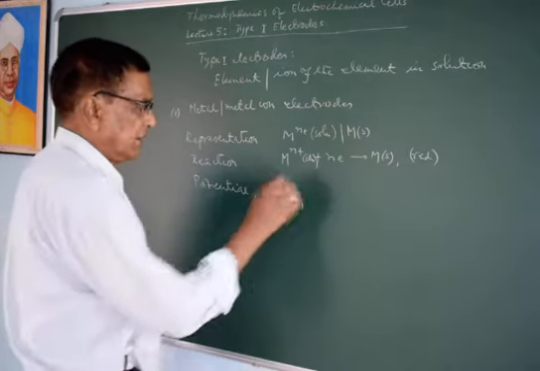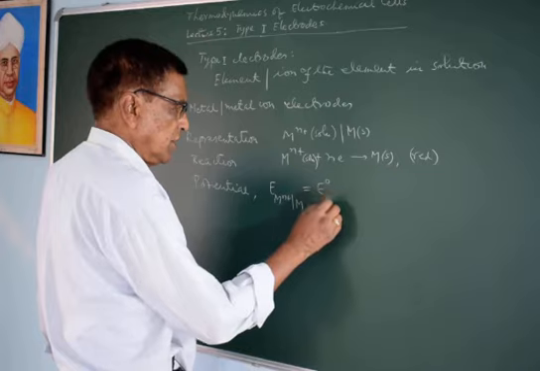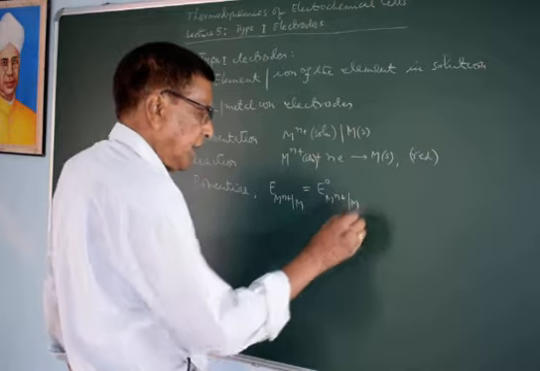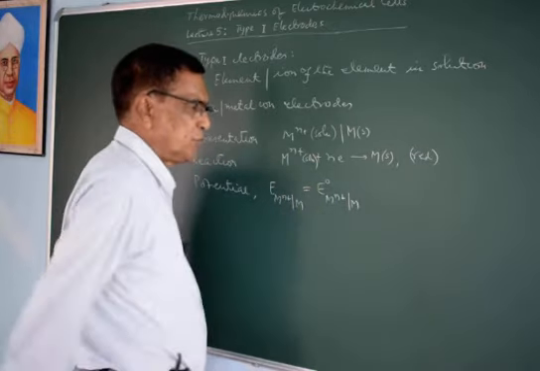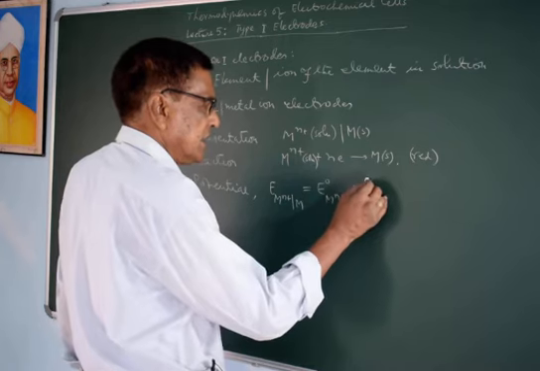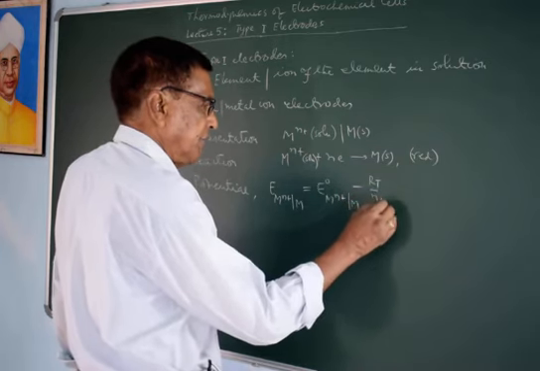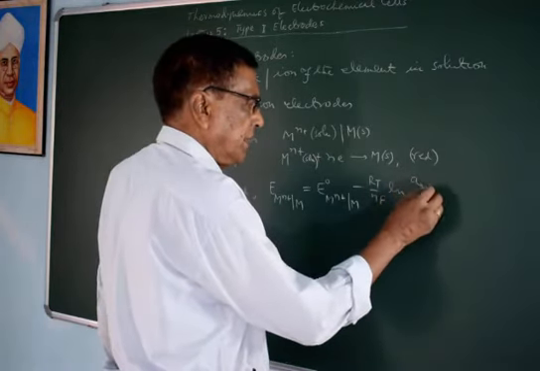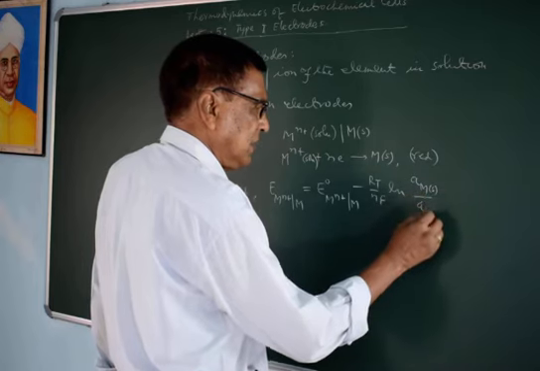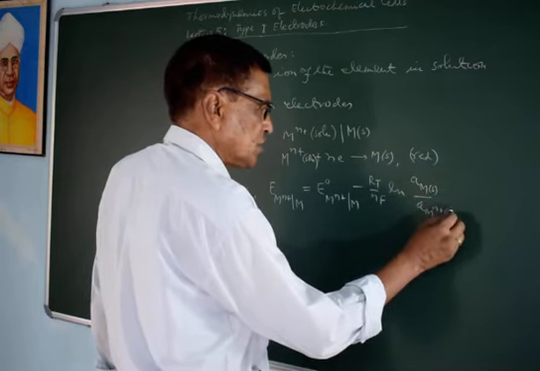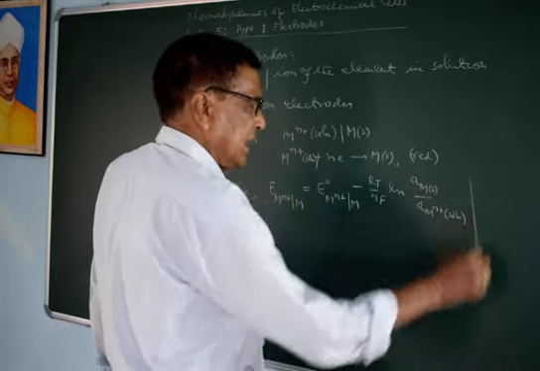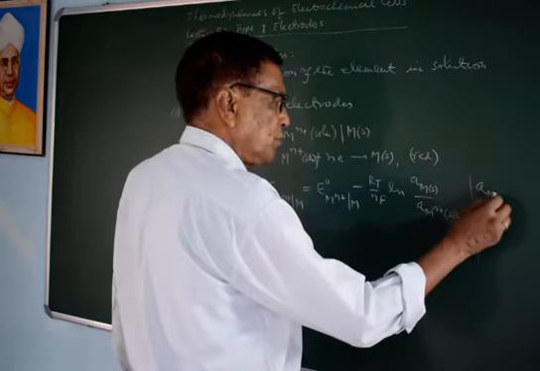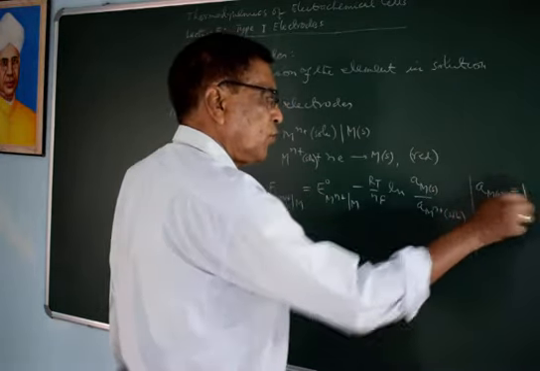Reduction potential I can write as E of M^n+ oblique M equals E naught of M^n+ oblique M, which is the standard electrode potential, minus RT by nF ln activity of the metal solid divided by activity of the M^n+ in solution. And we know the activity of the pure metal in solid equals 1.